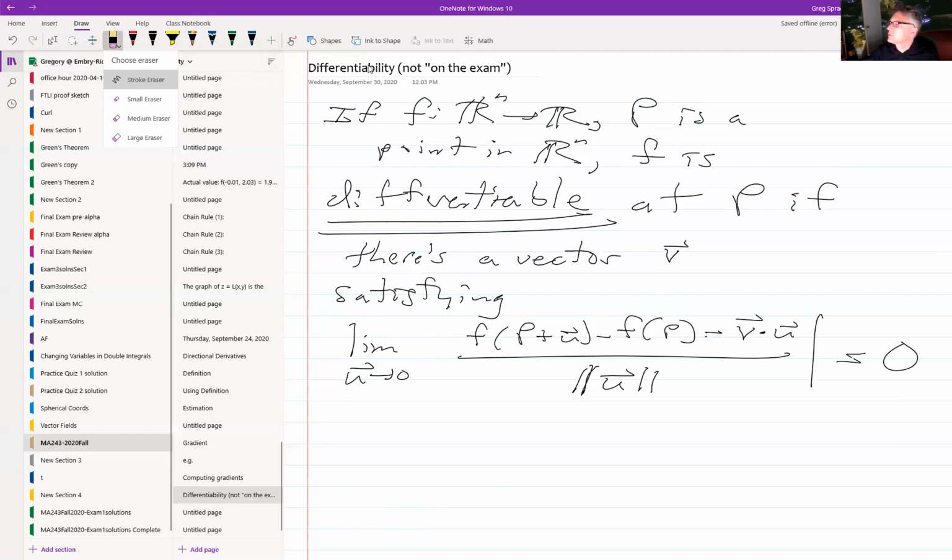Well, actually, I don't need absolute values, because the numerator is a scalar function.